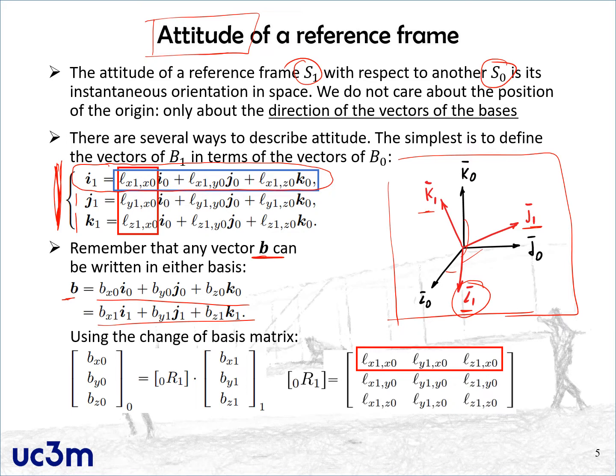We saw in a previous lecture that these expressions are connected, okay? So the components in basis 0 and the components in basis 1 are not independent from each other, and indeed they are related.